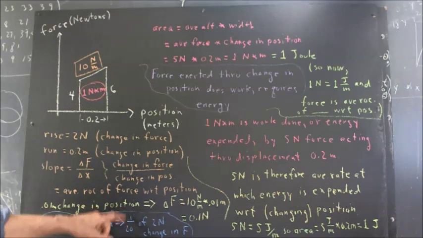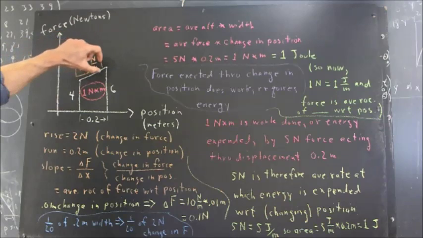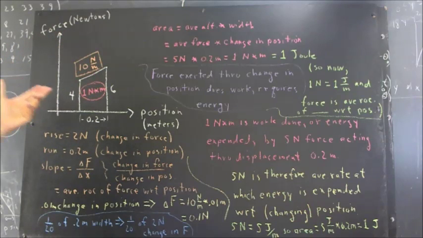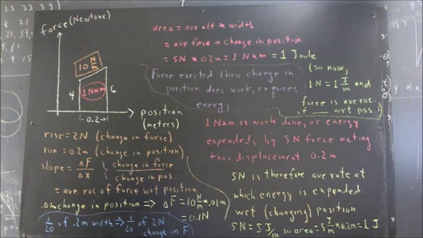That should give us 1/10th of the 2 newton change in the force. Well, 1/10th of the 2 newtons is 0.2 newtons. So that's all very consistent. Okay, so this interpretation is relatively straightforward, but of course it takes a little bit of getting used to.